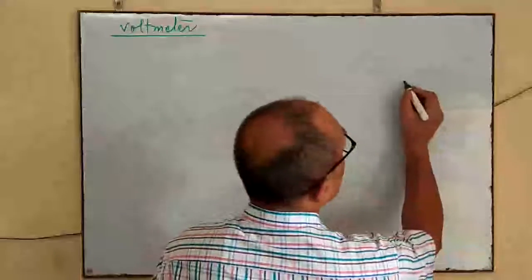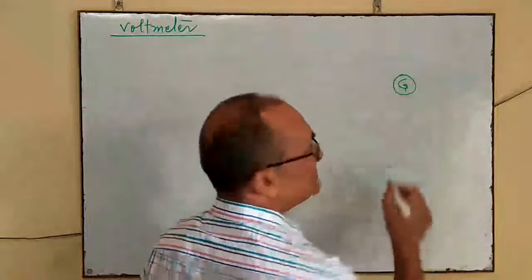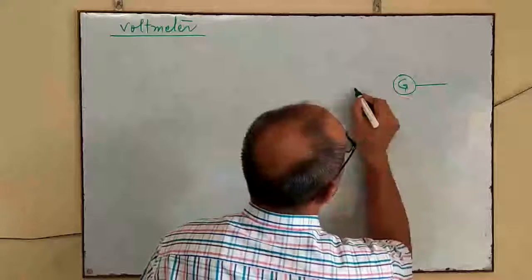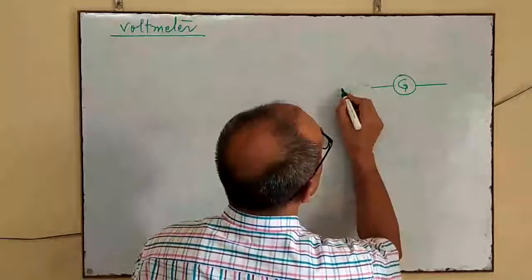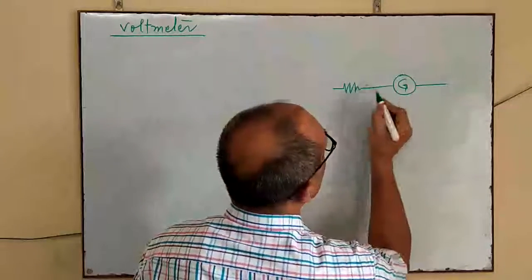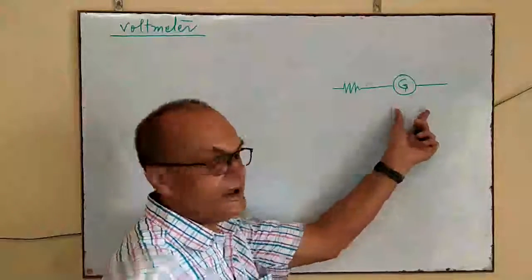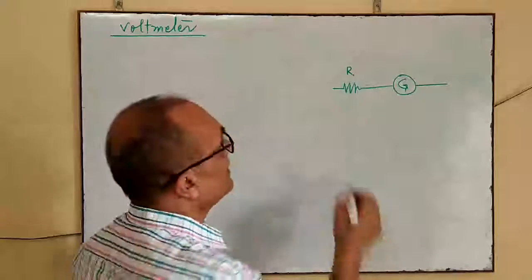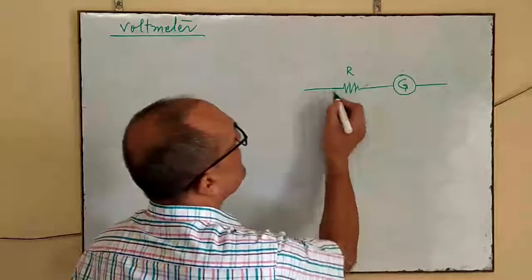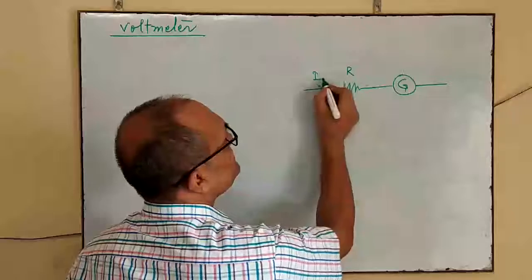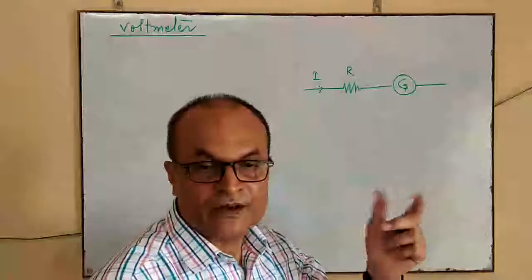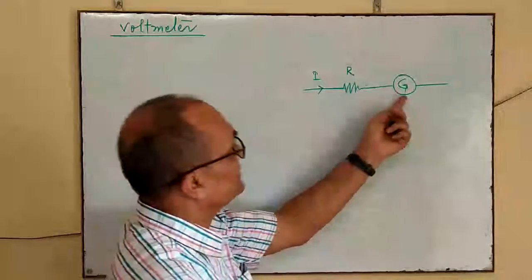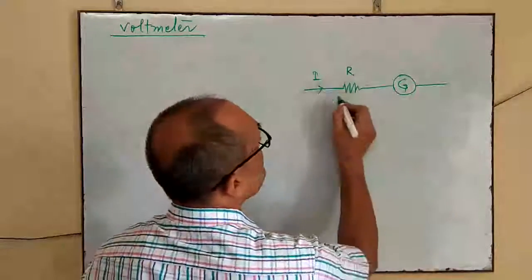This is the galvanometer. G is the resistance of the galvanometer, and a high resistance R is connected to this galvanometer in series. Now suppose some current flows through this, and that current also flows through the galvanometer because G and R are in series.